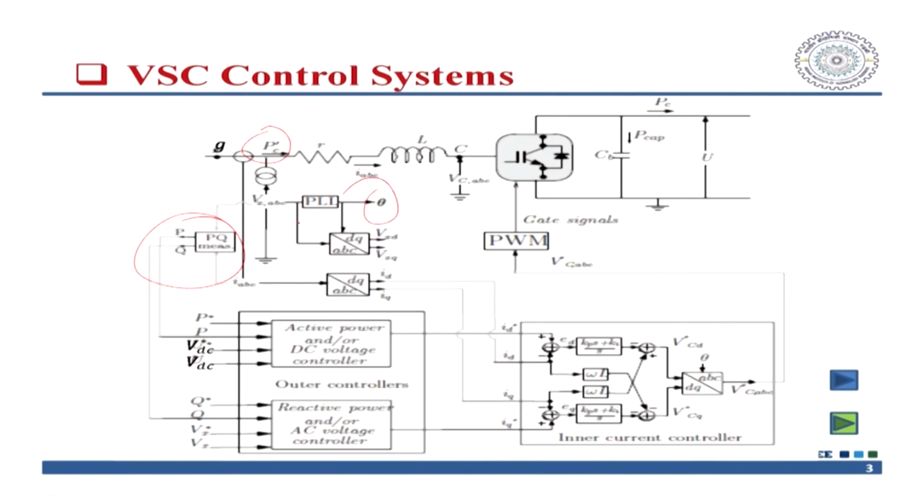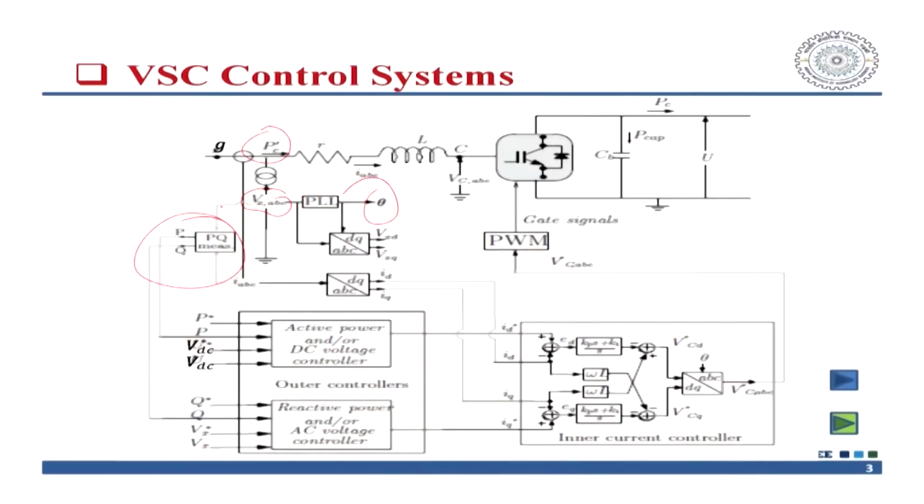That is a very important component, and also we want to transform all the quantities into the DQ frame. What is the DQ frame? You know very well that you have a 3-phase system ABC. From ABC you go to the alpha beta frame. This is nothing but resolving into the xy coordinate, that is the alpha beta.